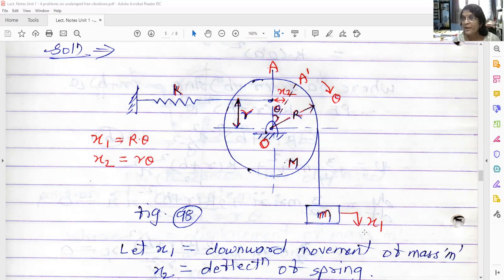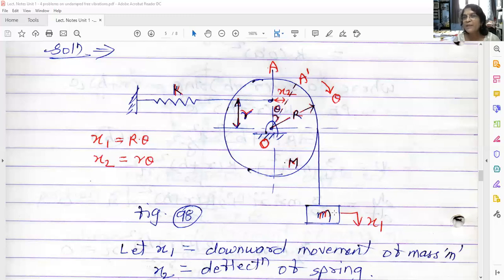Okay, when this m will be moving by x1 amount downward, this pulley, as it is connected with the mass, will rotate in the clockwise direction by a certain amount, say that amount is theta. Okay, so earlier point A, which was in the equilibrium position, now moves to point A dash. So angle A O A dash is theta.